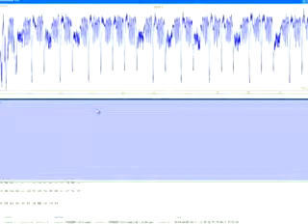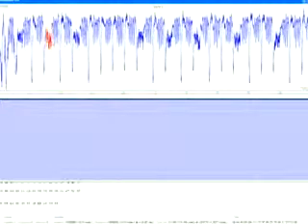And where the dark bit is, that's the multiply operation. So what we have here is a square, square, square, square, multiply.